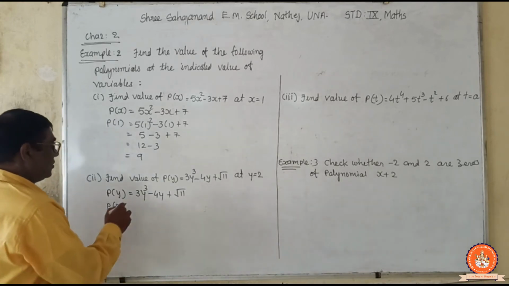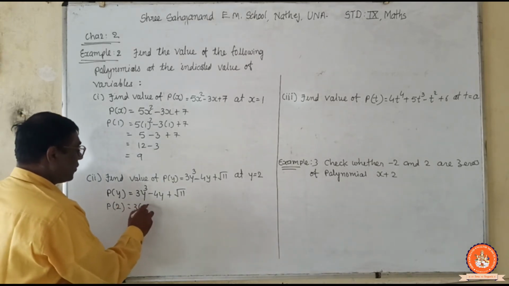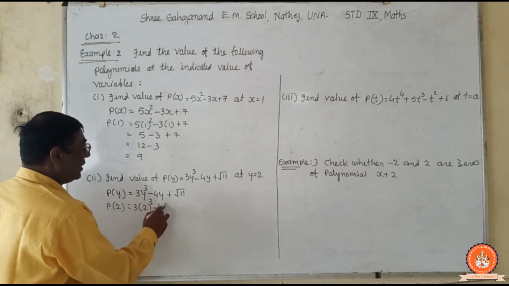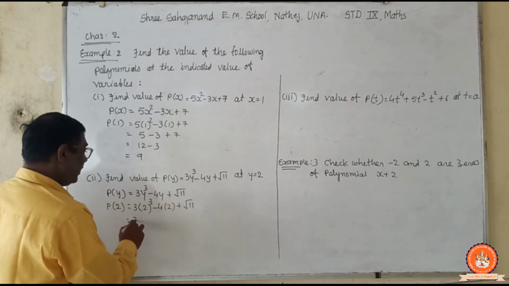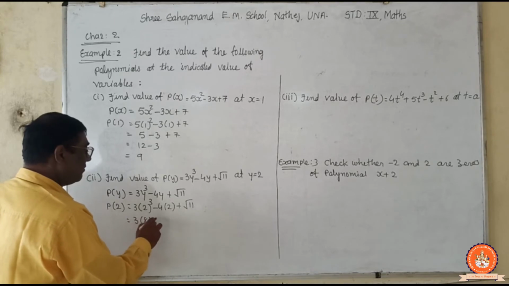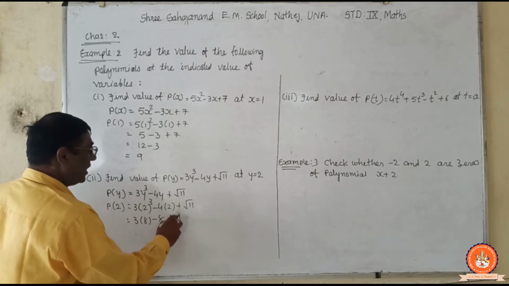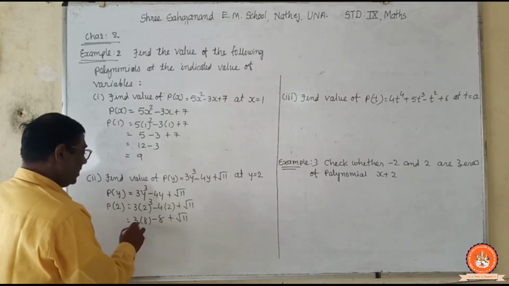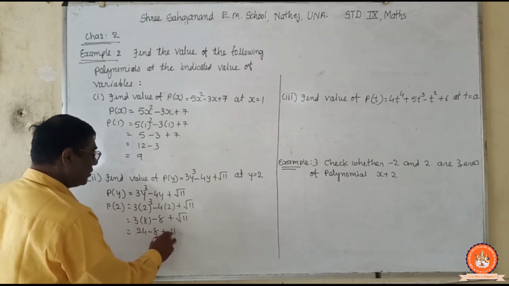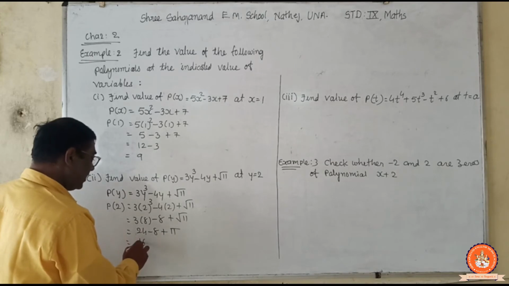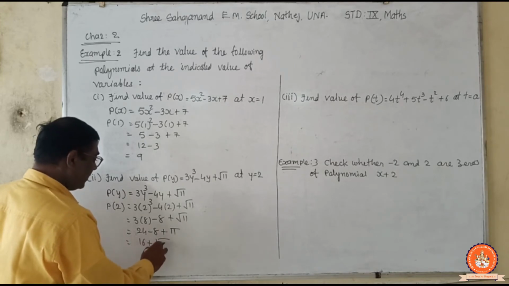Okay, so 3 into cube of 2 minus 4 into 2 plus root 11, that is 3 into 8 minus 8 plus root 11. So 8 3s are 24 minus 8 plus root 11, that is 16 plus root 11.